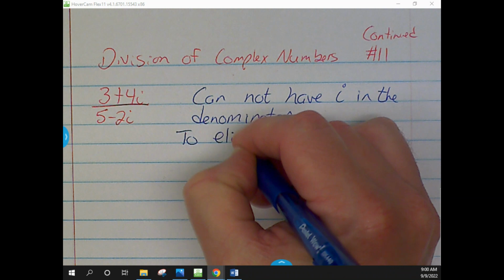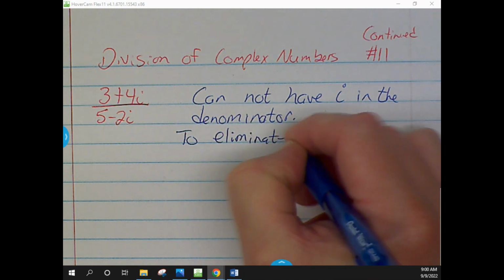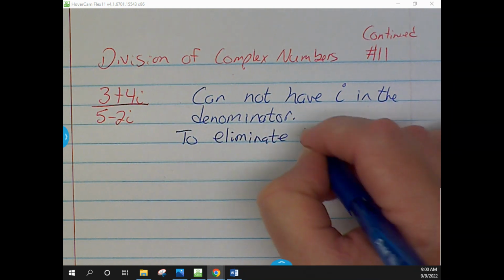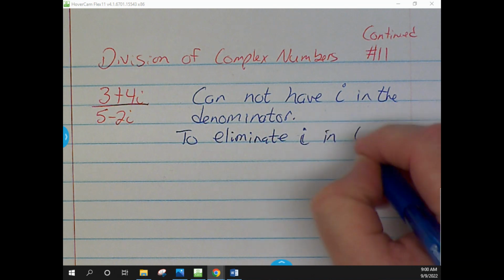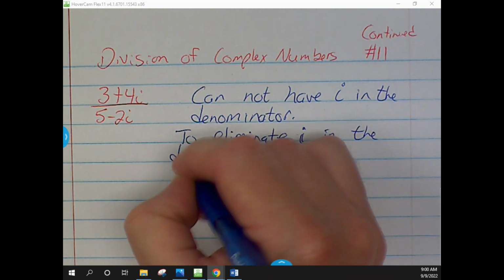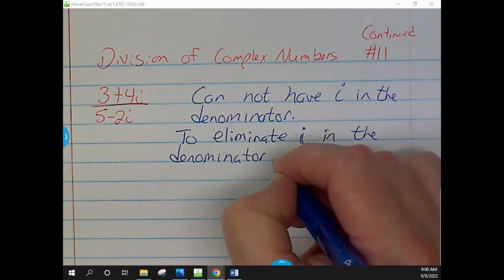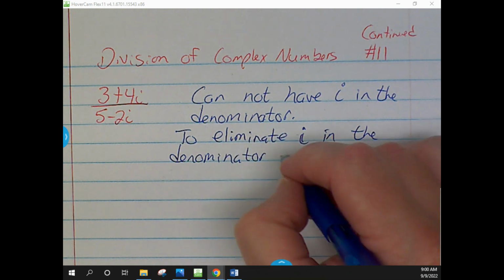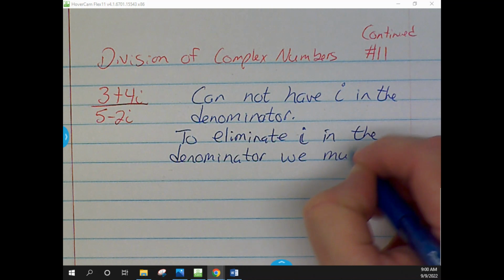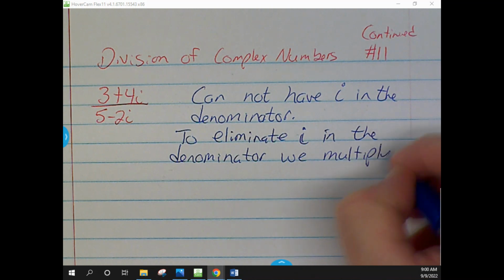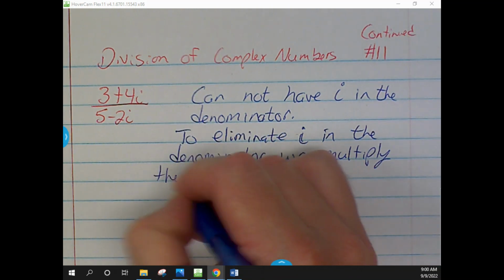So to eliminate i in the denominator, we multiply the fraction.